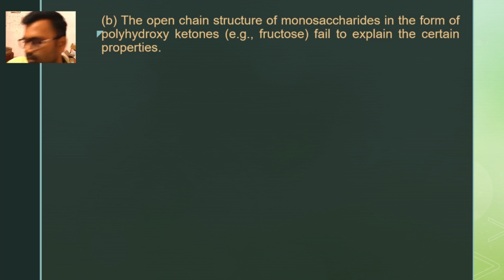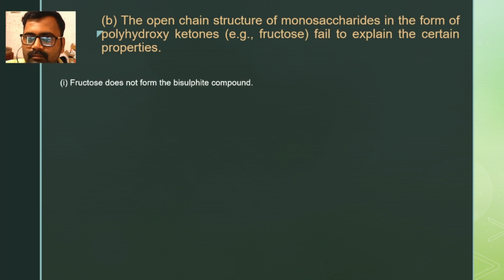Similar to the monosaccharide aldose, the open chain structure of monosaccharide also exists in the form of polyhydroxyketones, known as the ketoses. For example, D-fructose. These open chain structures are also unable to explain certain properties of the normal ketone compounds.